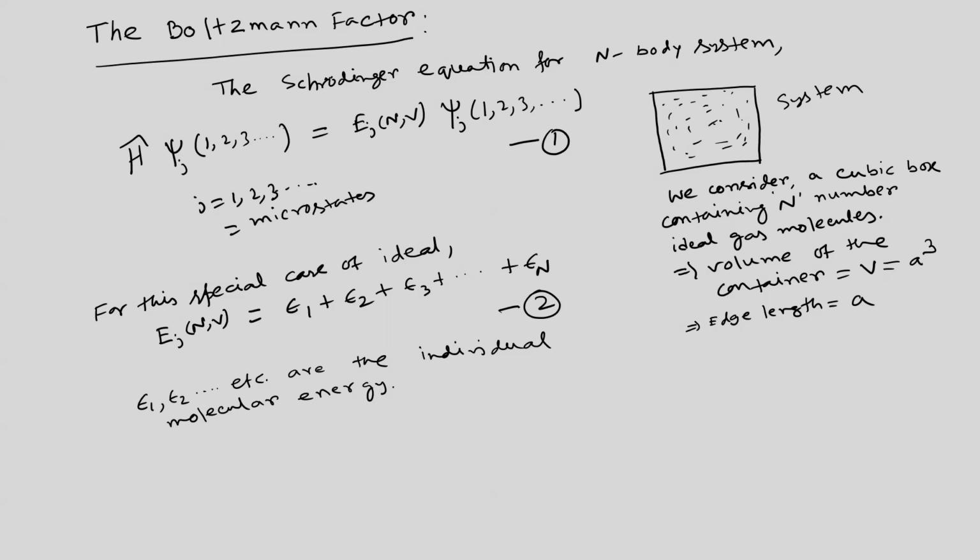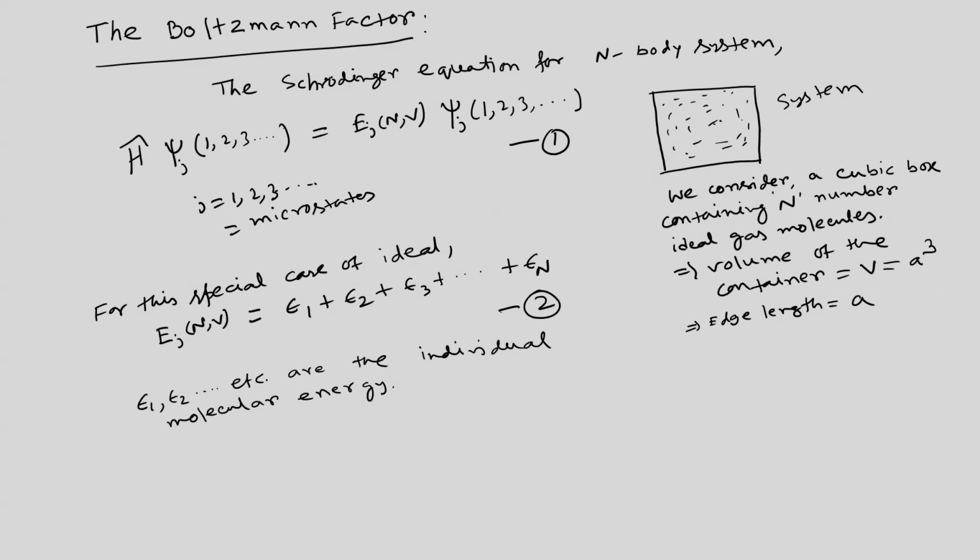So in the expression of Ej, Ej equals epsilon 1 plus epsilon 2 and so on, expression 2 contains n number of terms, right, it depends on the number of particles. So Ej depends on the number of particles. That is how the n dependency of Ej comes here. And we can add the molecular energy levels, epsilon 1 plus epsilon 2, etc., because we are considering here an ideal gas.